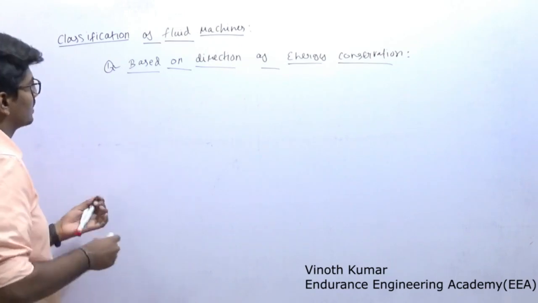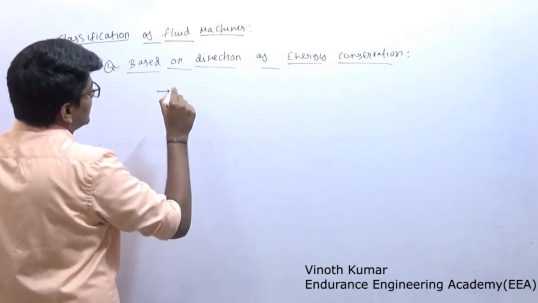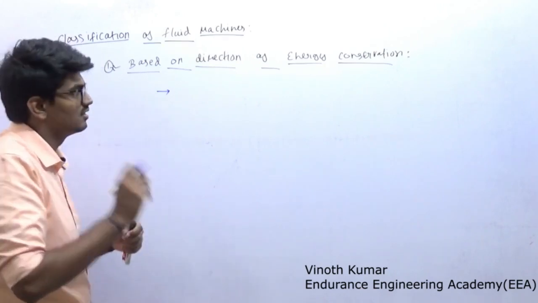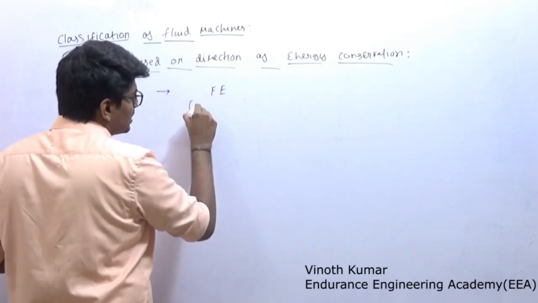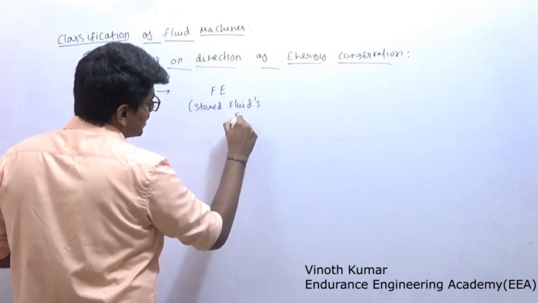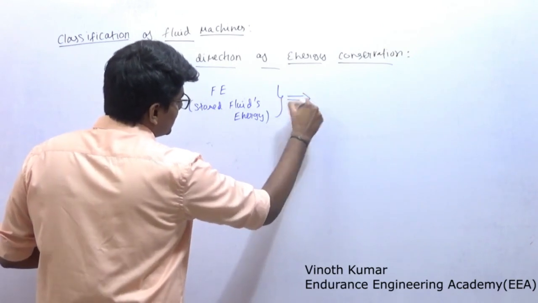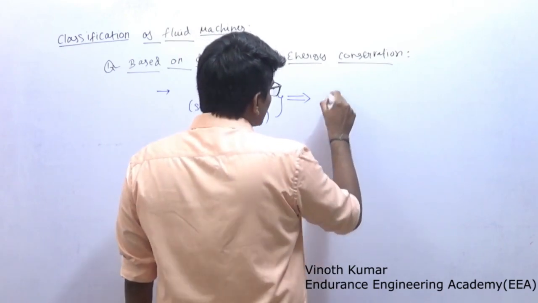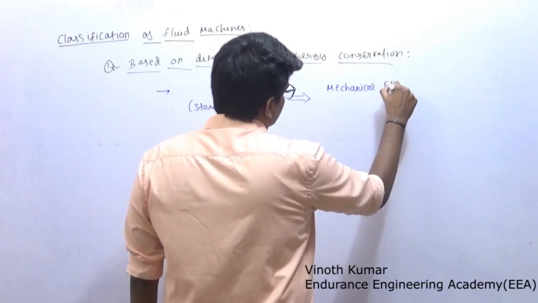In that, based on direction, the first type is the fluid machines which convert fluid energy, Fe here is fluid energy, nothing but stored fluid energy, into mechanical energy, the mechanical form of energy.